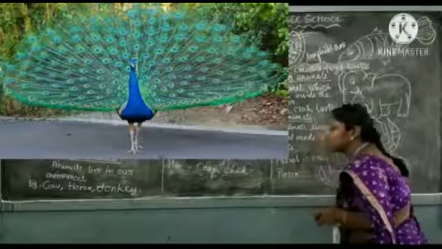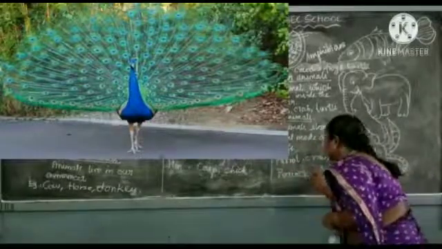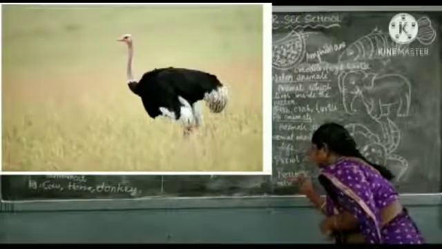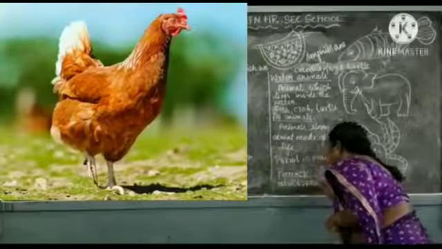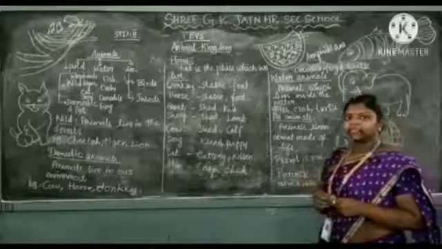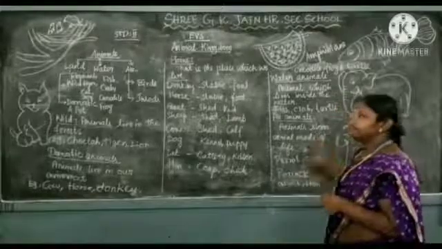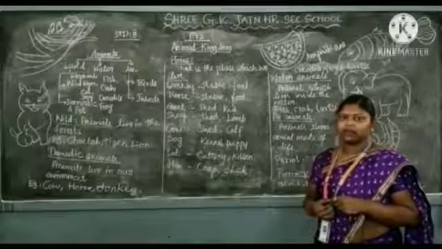Peacock is the largest bird in the world. You know one, children? Ostrich, hen, they lay eggs to reproduce. Here, peacock is the national bird of India.